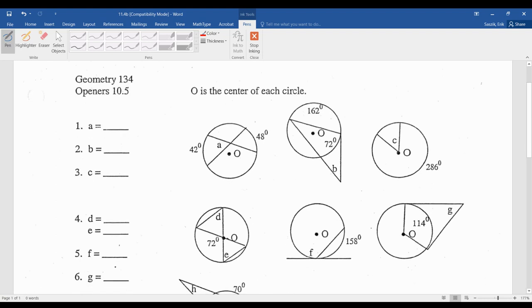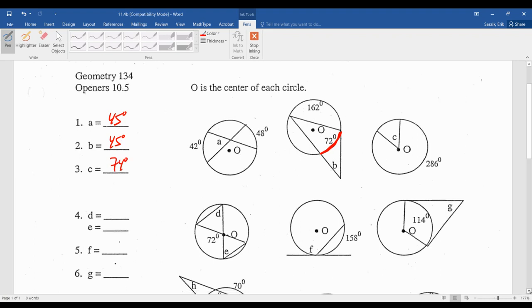I think number one's pretty straightforward. In the second one, this 72 degrees is this arc here. Okay. So that should be pretty straightforward as well. C, no big deal.